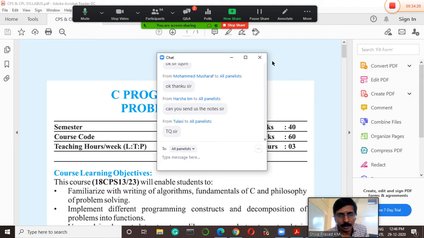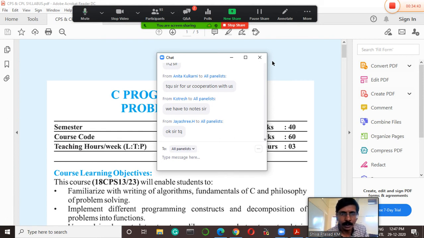Okay, don't worry about it. For this particular subject, there is one textbook of mine in the library. You can ask for the C programming subject book written by Shiva Prasad sir. They will provide you that particular book. That book is available in the library.